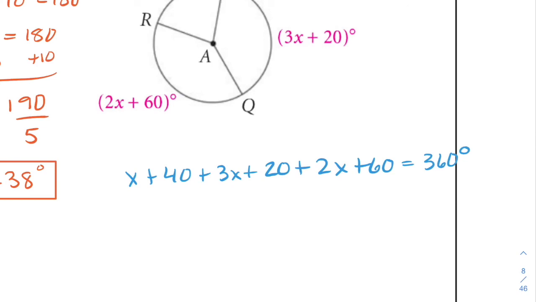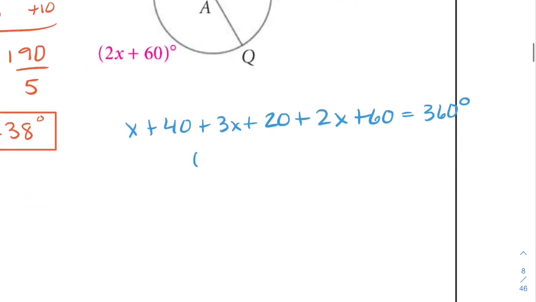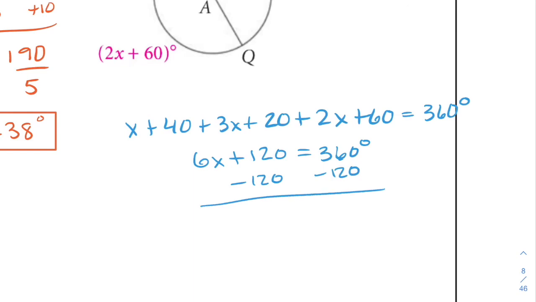And it appears that 6x plus 60, 100, 120 equals 360 degrees. So we'll take away 120 from both sides. 6x equals 240.